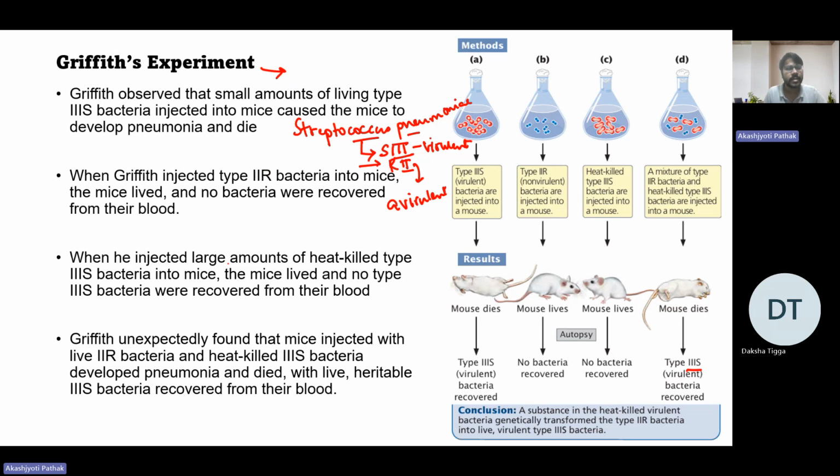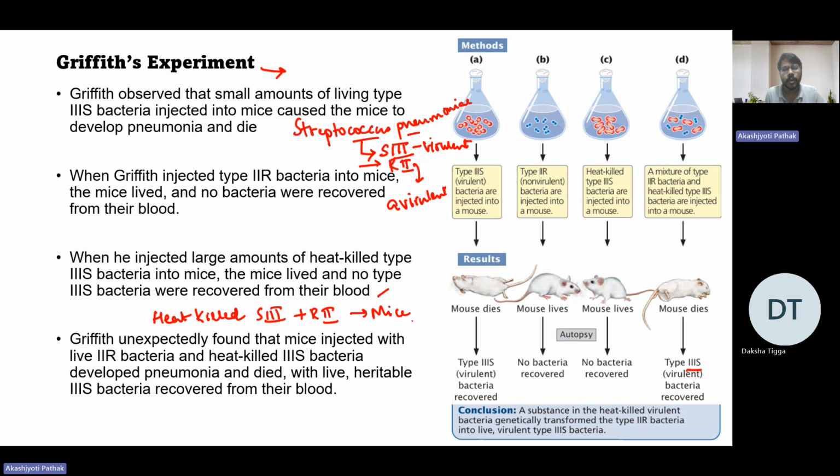And when large amounts of heat killed type S3 bacteria were injected into the mice, the mice also remained alive, because we have killed the bacteria. But unexpectedly, when the heat killed S3 type was mixed with the R2 type, then the mice died.